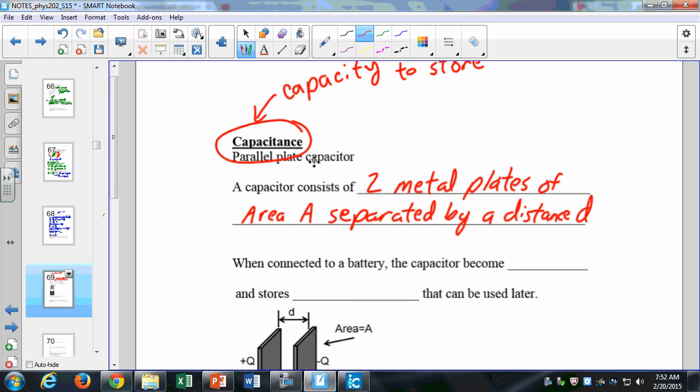We've talked about this actually. We've drawn this cartoon version of a capacitor in the previous chapter. A capacitor is just one metal plate separated from another metal plate. They have a certain area and they're separated by a distance d.